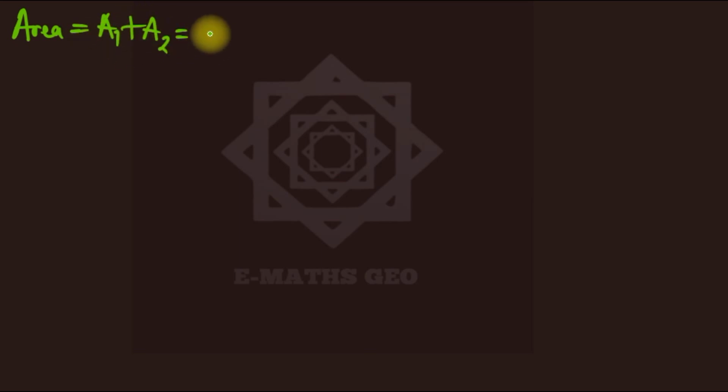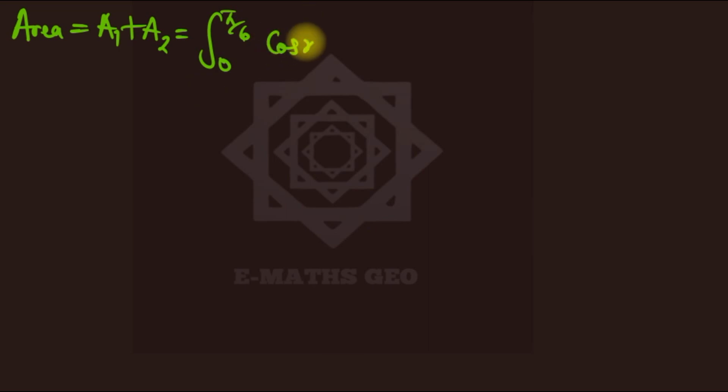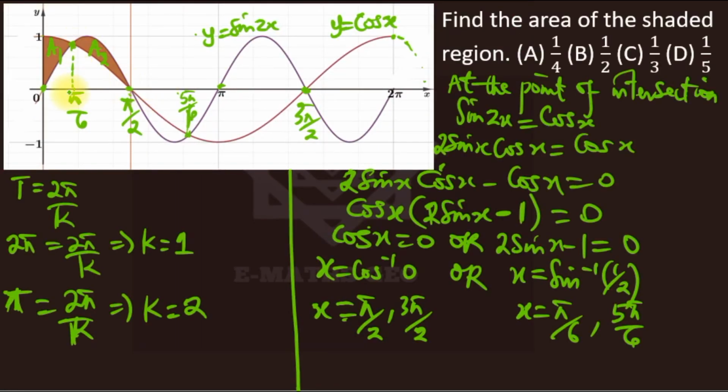For A1, we have the integral from 0 to pi over 6 of the upper function, which is cos, so we have cos x minus sine 2x dx, plus for A2, the lower limit is pi over 6 and the upper is pi over 2. Yes, as you can see.